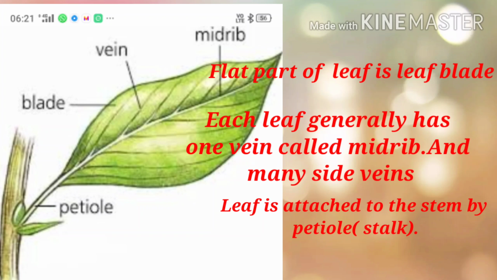The first one is the leaf blade, the second one is the stalk, and as you see, each leaf has generally one vein, and that is called the midrib.